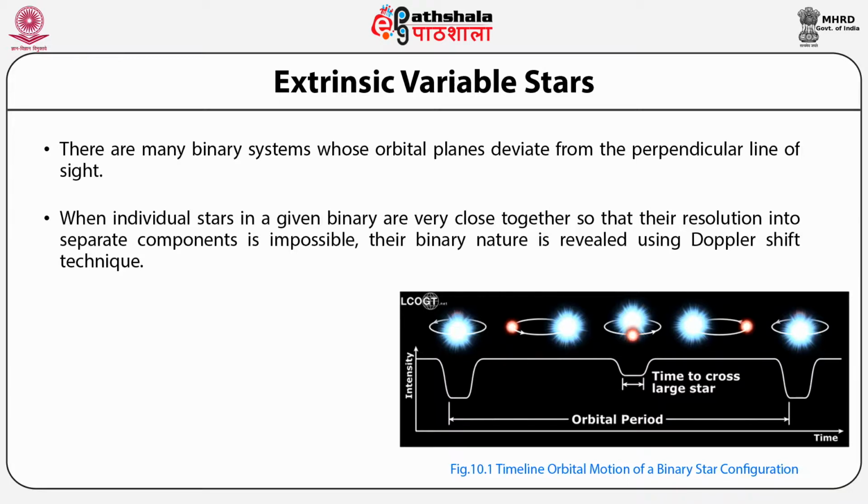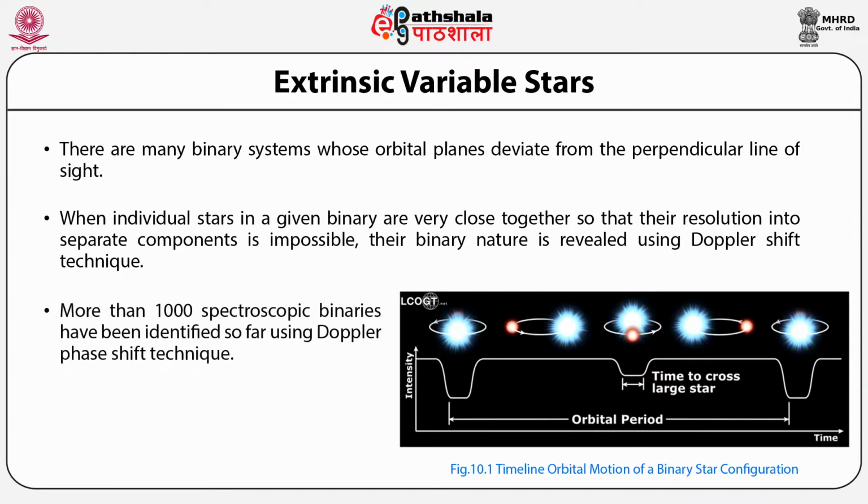Such a binary system is known as spectroscopic binary simply because there is only spectroscopic method available to identify them. More than 1000 spectroscopic binaries have been identified so far by using the Doppler phase shift technique.